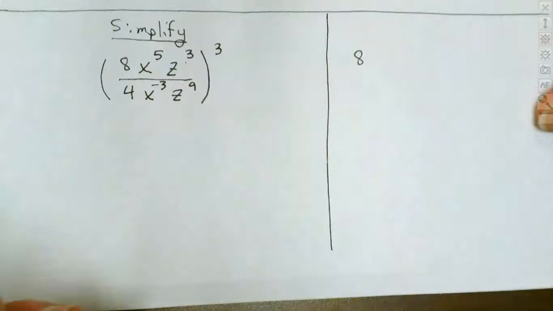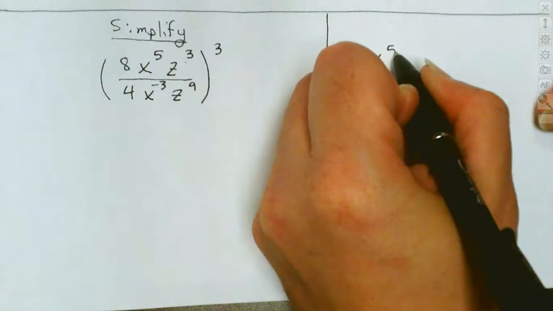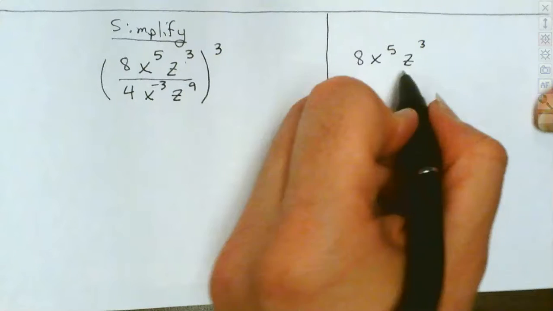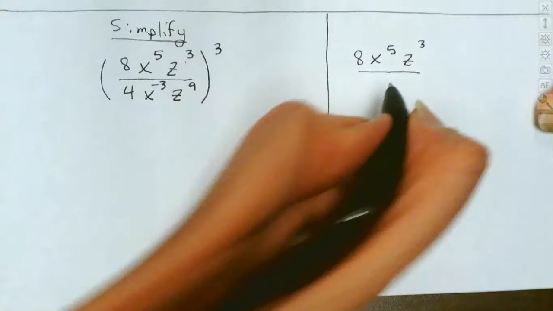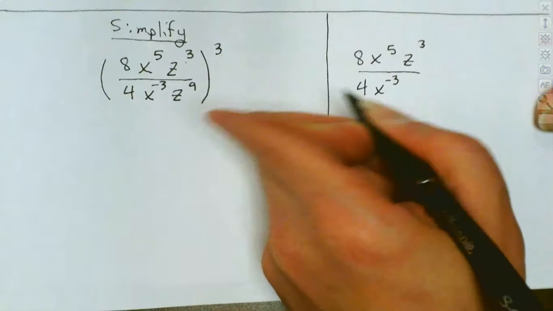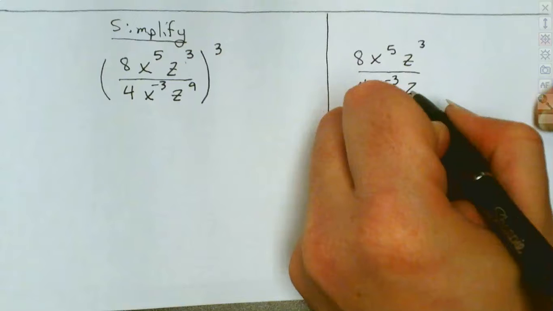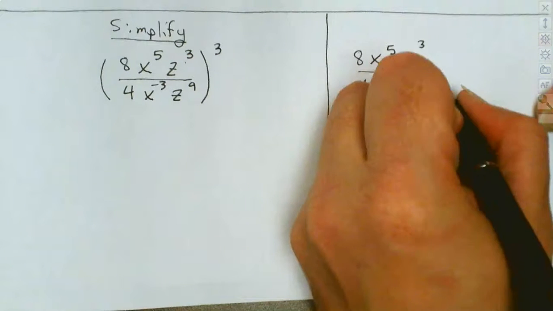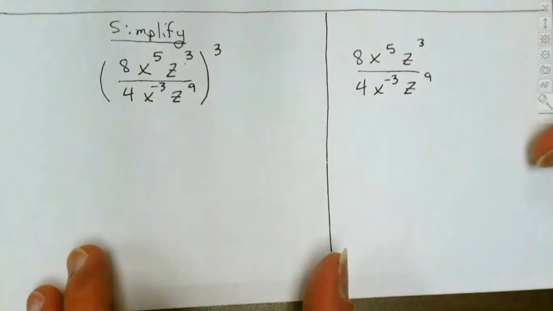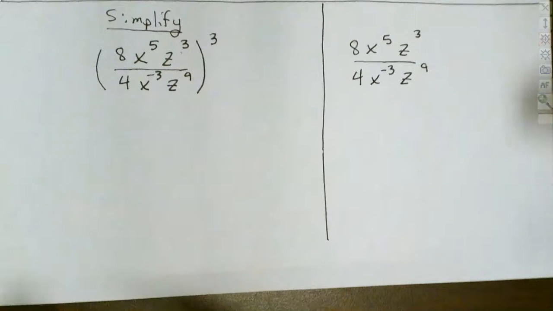We've got 8x to the 5th, z cubed, over 4x to the negative third z to the ninth. We're going to break it down in individual parts. So then we'll break it down, and then we'll put it all back together.